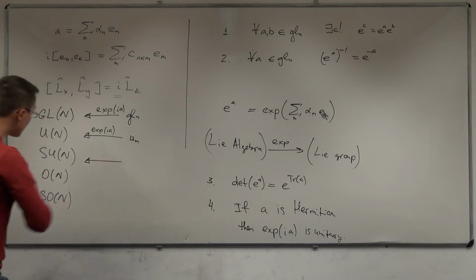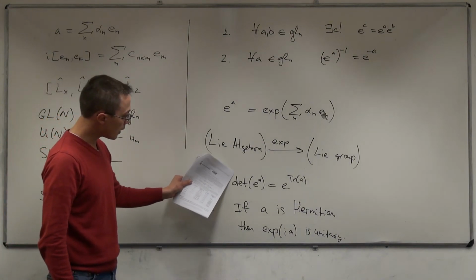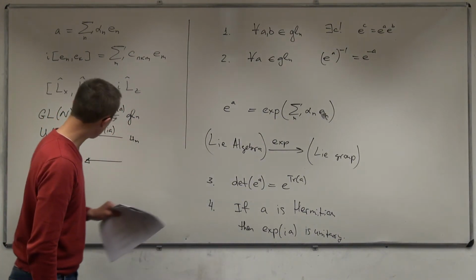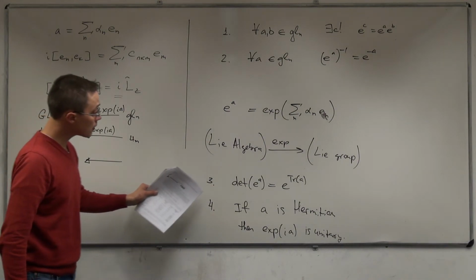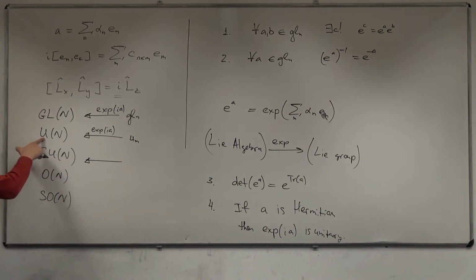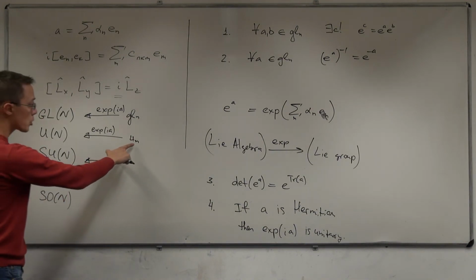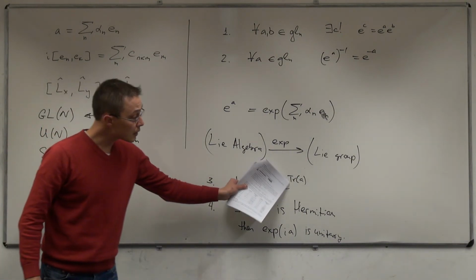Now, here, S was about the determinants. We had to have our determinants equal to 1 in SUN, and so the corresponding algebra must, according to this, have Hermitian operators in it, and according to this, must have traceless.